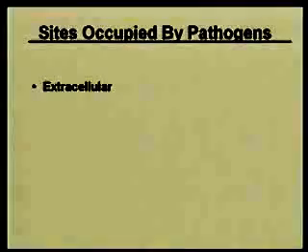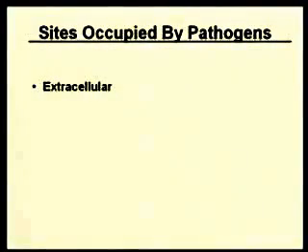What we'll see is that the site occupied by the pathogen plays a very important role in determining what type of immune response is developed with regard to the acquired immune response. If you remember back, the acquired immune response is composed of two separate arms. There's the humoral immune response, which is primarily controlled by secretion of antibodies.